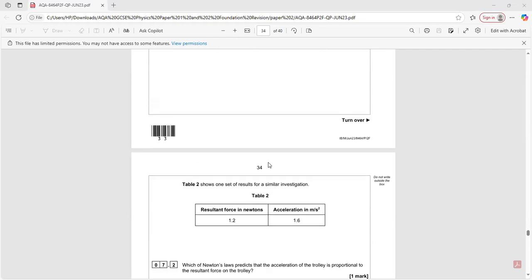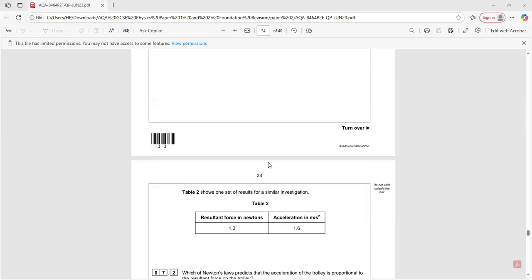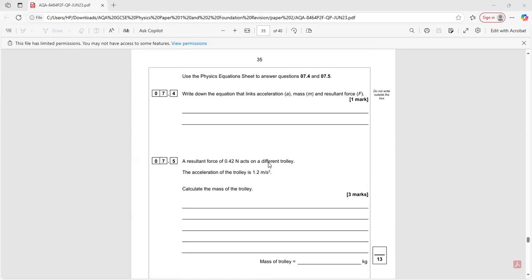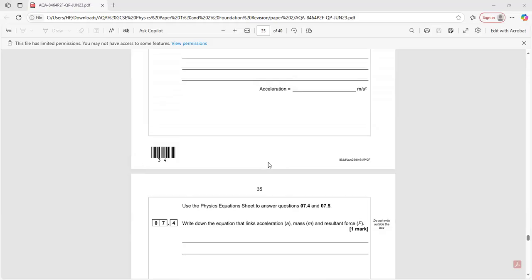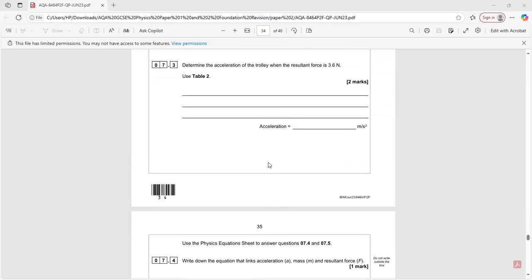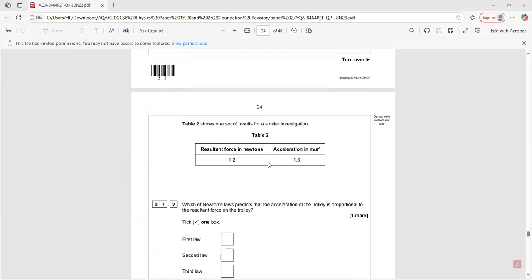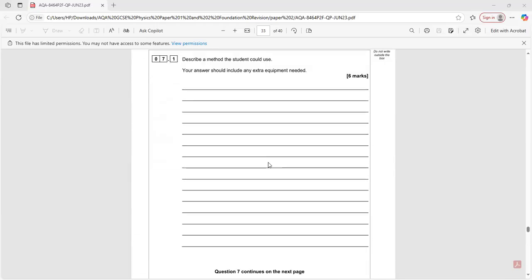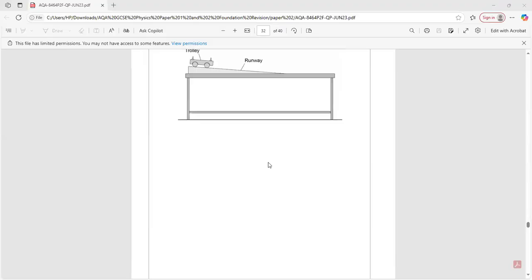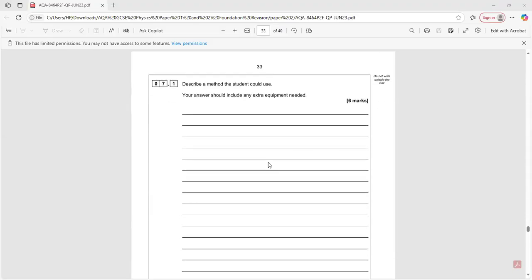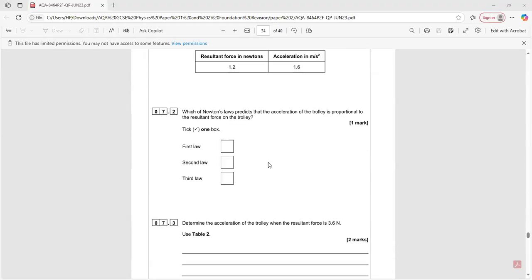So did they tell us the weight of the trolley? No. Okay, so do the opposite. Let me go back up there. They didn't say. Yeah, you do the opposite.